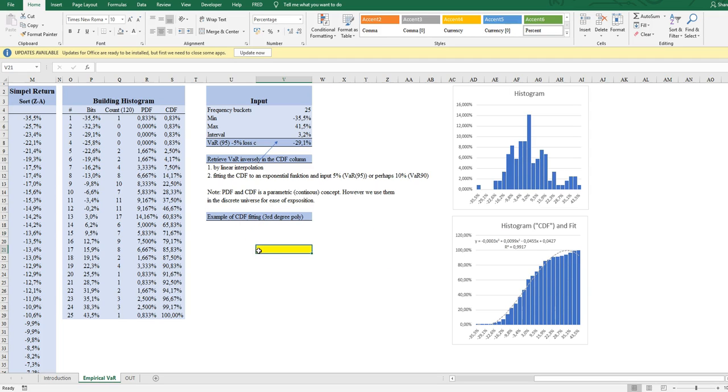But that's the way to calculate or to invert the empirical VAR measure, either from the CDF here, where you invert, which means that you look at the 5% and then you go down on the x-axis and find the corresponding loss, or you find the loss at 5% in the CDF on a curve like this.